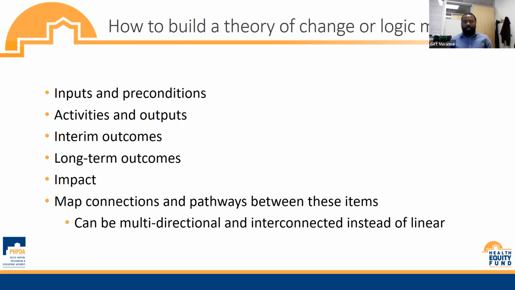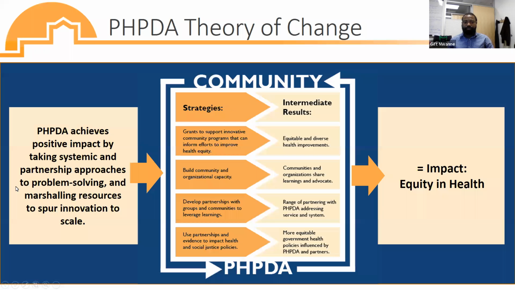They can be multi-directional. They can be interconnected, just as long as they lead us to desired impact. I will now pass the stage to Christina and John to share a more concrete example of theory of change.